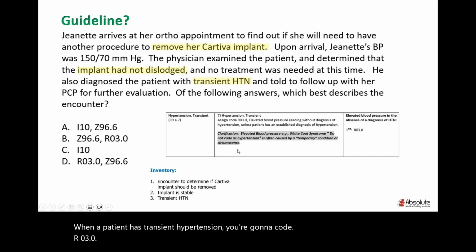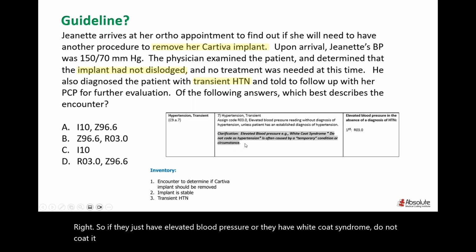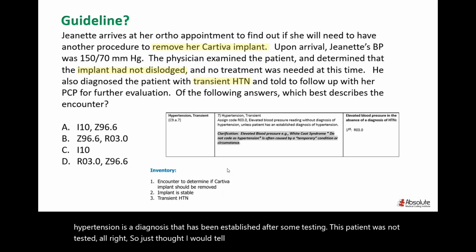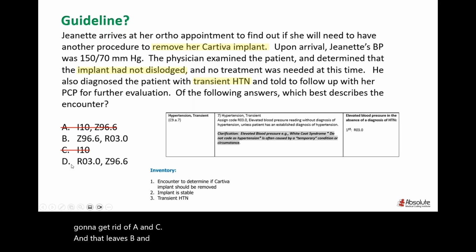So if they just have elevated blood pressure or they have white coat syndrome, do not code it as hypertension, because that is a temporary high blood pressure, and hypertension is a diagnosis that has been established after some testing. This patient was not tested, all right? So just thought I would tell you. So because we're not going to code it as hypertension, we're going to get rid of A and C. And that leaves B and D.